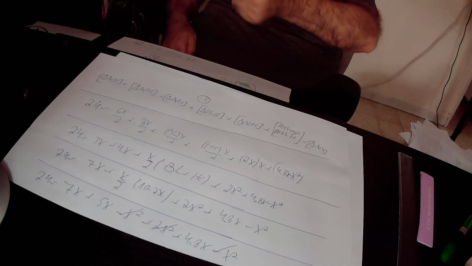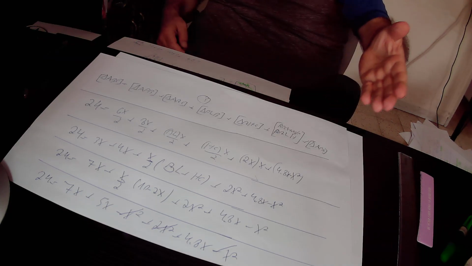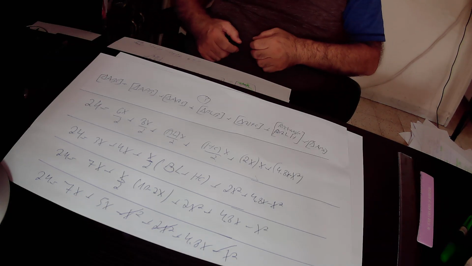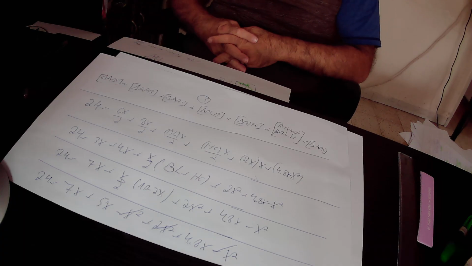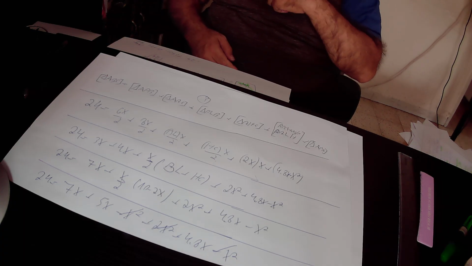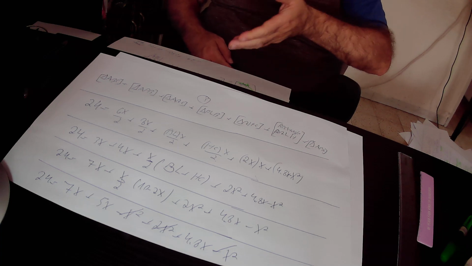So we have to find the areas of the shapes separately. We add the 6 areas together, and this way we will find the area of triangle ABC in terms of x.